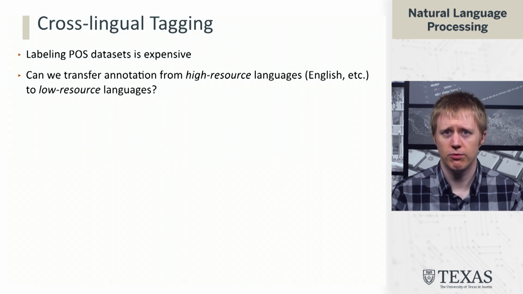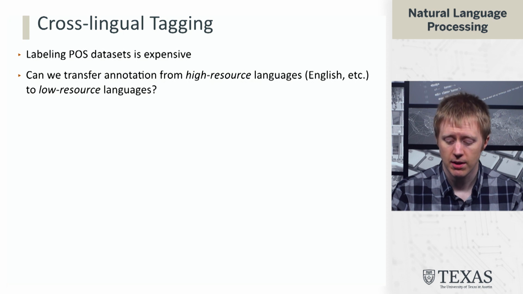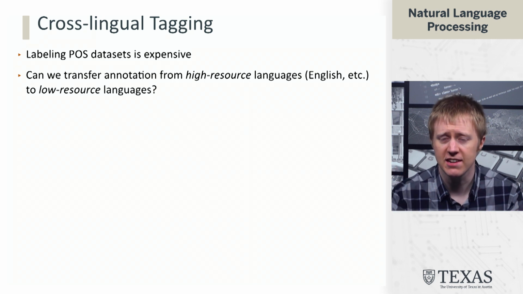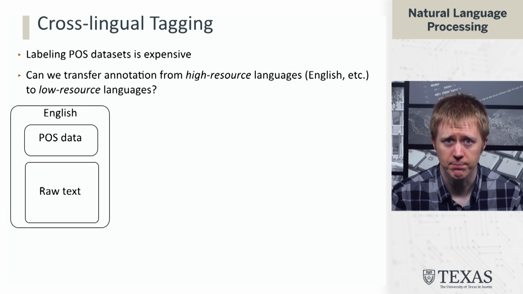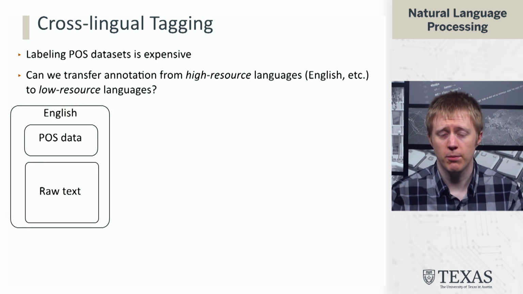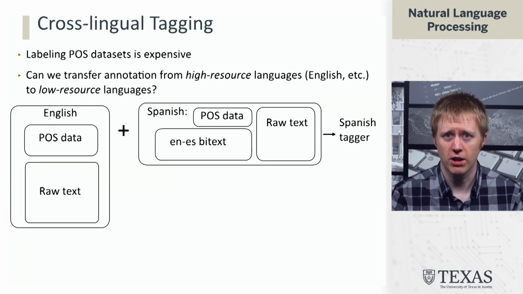So one question we might ask is, how do we take the existing resources that we have from languages like English and transfer these to what we call low resource languages? So the idea here is that these languages might not have as many annotated data sets as something like English, but we still want to build effective systems for them. So maybe in English we have a whole bunch of part-of-speech data and a whole bunch of raw text.